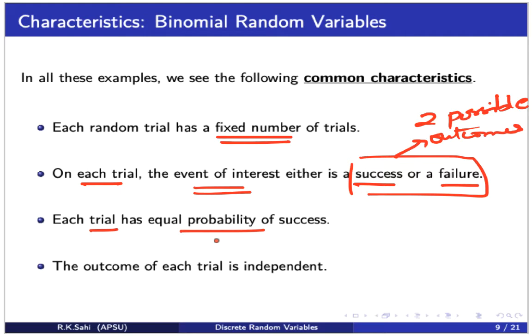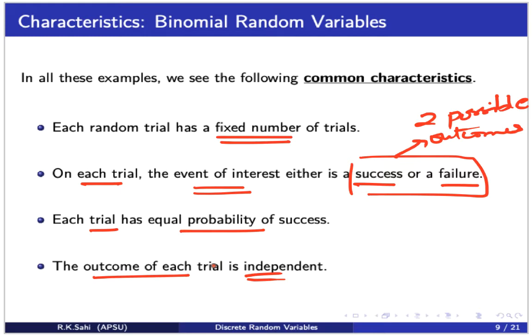Say if you're looking at a head, what's the probability of getting a head? 0.5. That's what it says. And the outcome of each trial is independent. What it means is that when you flip the coin the first time and when you flip the coin the second time, there is no effect of the first flip on the second flip. That's the meaning of the trials being independent.